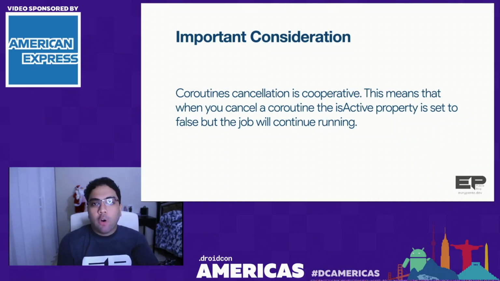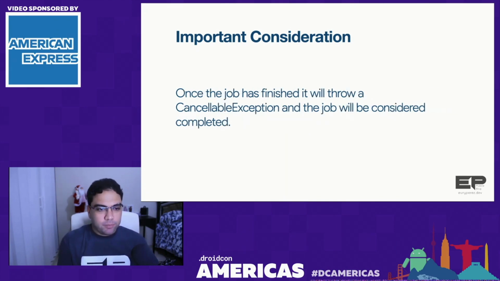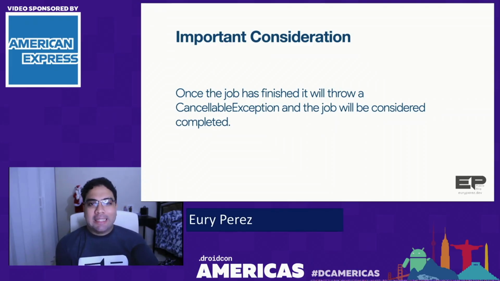If you have, for example, a for loop that is doing a heavy operation every time, it's a good idea to check the isActive property inside that for loop, so you can cancel your operation as soon as this property changes. If it's not a for loop, so we cannot check the property inside the coroutine, once the job has finished, it will throw a cancellation exception, and the job will be considered completed. So it will throw that exception, and the coroutine will be finished.